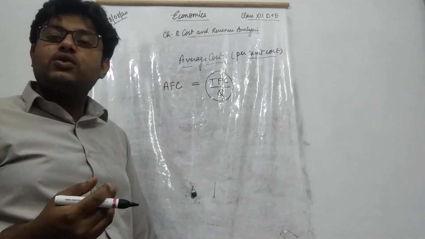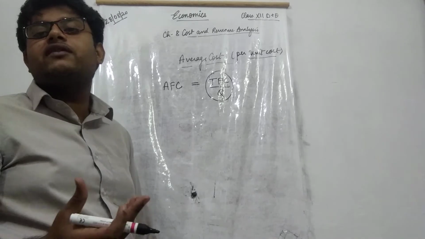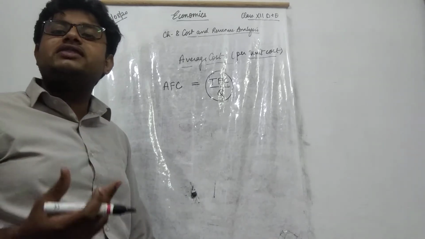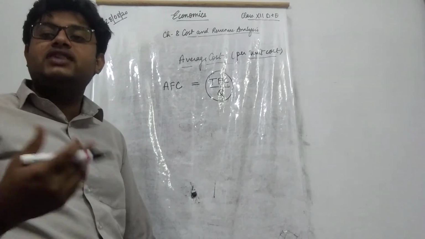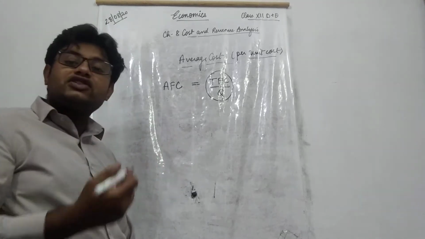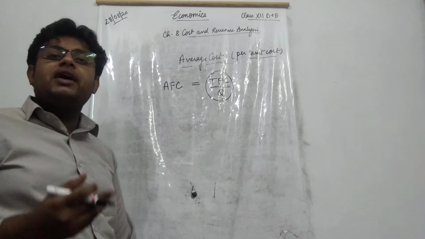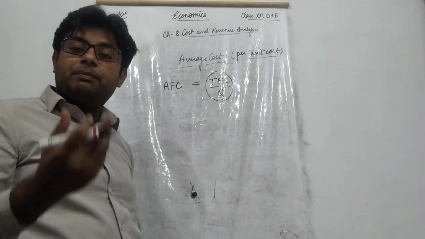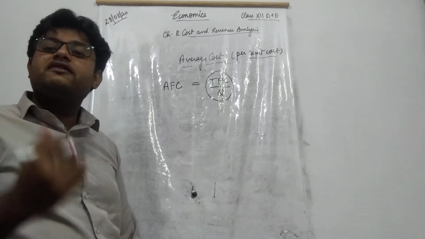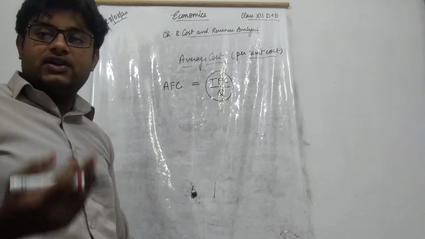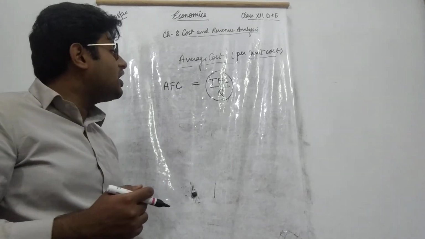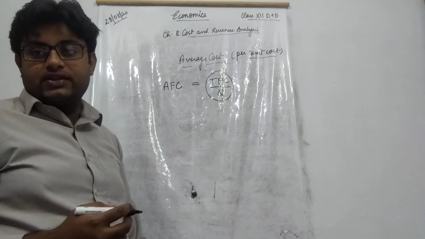Total fixed cost was showing just the summation of all the fixed costs that the particular firm was incurring, and average fixed cost is showing how much total fixed cost is being incurred per unit. This concept is known as average fixed cost.